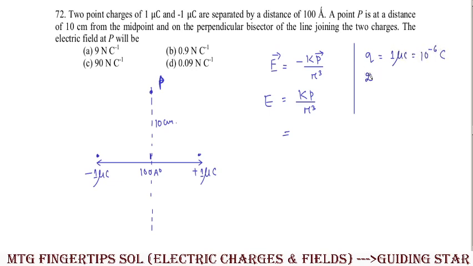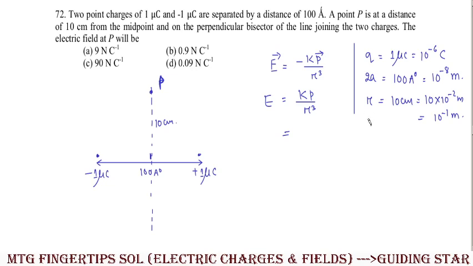The distance of separation, that is 2a, is given as 100 angstrom, that means 100 into 10 to the minus 10 meters, so that will be 10 to the minus 8 meter. Clear? And the distance r is 10 centimeter, or 10 into 10 to the power minus 2 meter, which is 10 to the power minus 1 meter.